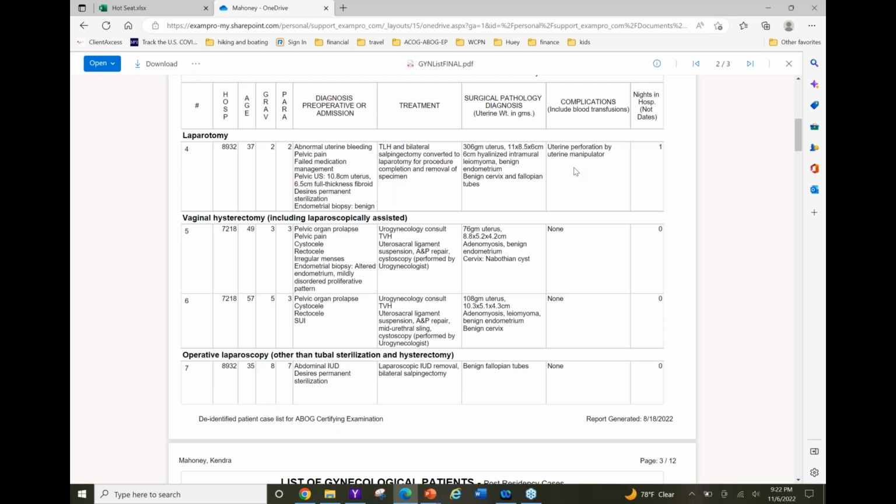The anatomy was pristine, but because of that perforation, it just proved to be a lot more top heavy, and using the uterine manipulator and trying to angulate and antevert became more difficult with having lost the strength of the uterine manipulator in its proper positioning.